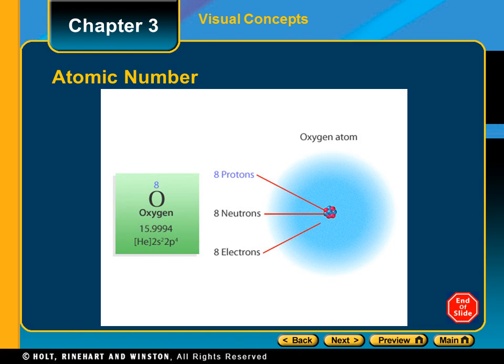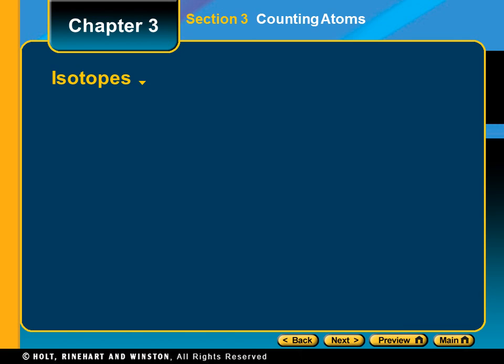The number of protons will always, unless you're told otherwise, equal the number of electrons. So if it's oxygen with 8 protons, then unless you're told otherwise, it's going to be 8 electrons, and unless you're told otherwise, 8 neutrons. So the atomic number will always tell you the number of protons. The number of neutrons and number of electrons can change, but there will be some other notation to let you know that they have changed. But the atomic number will always be the same.